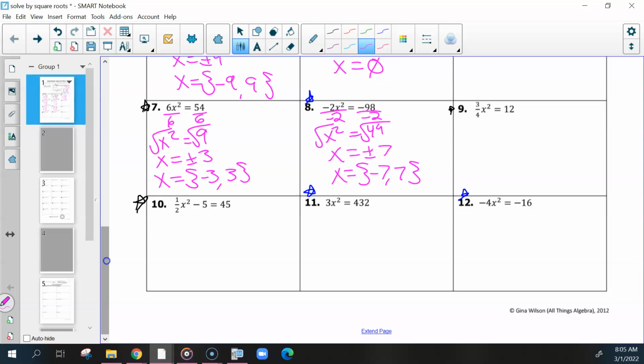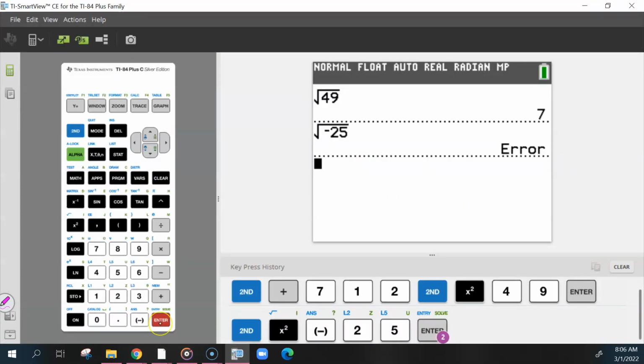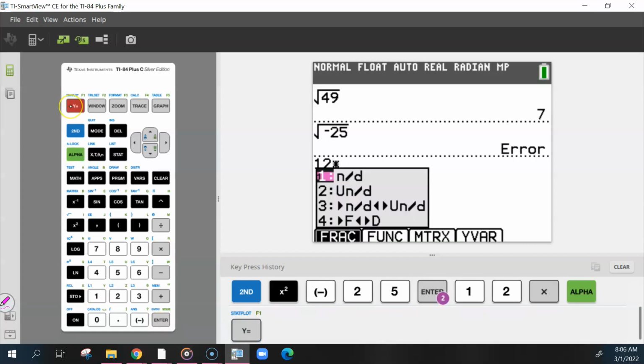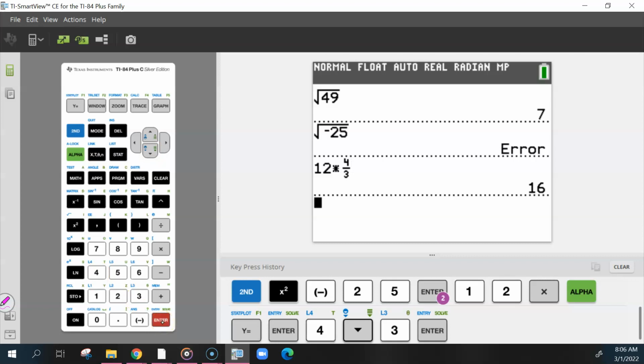Or take the fraction, flip it, and multiply by 4/3 on both sides. In your calculator, just so you remember, I have 12. I need to multiply it by 4/3. So alpha y equals will give you your fraction. And then I can put in 4/3 and get my answer.